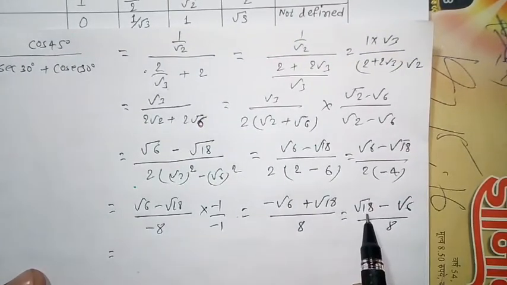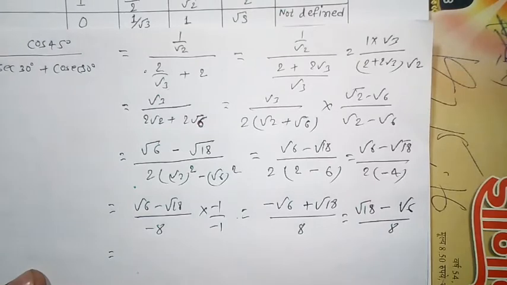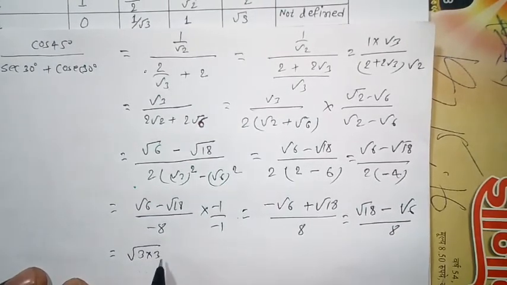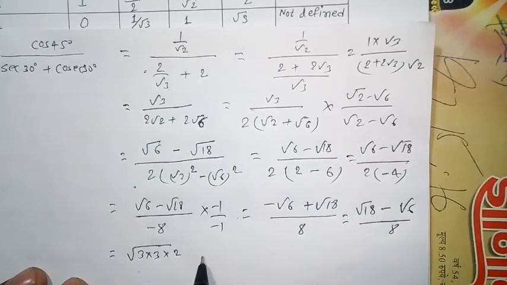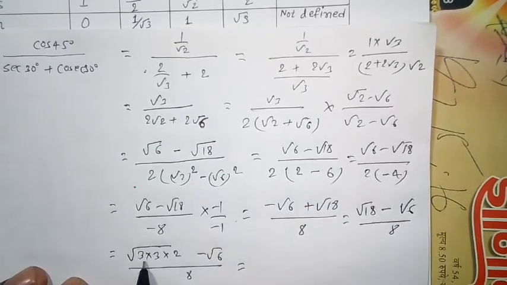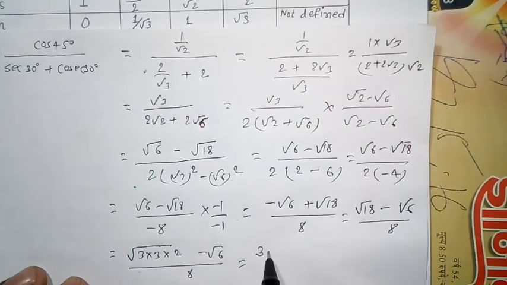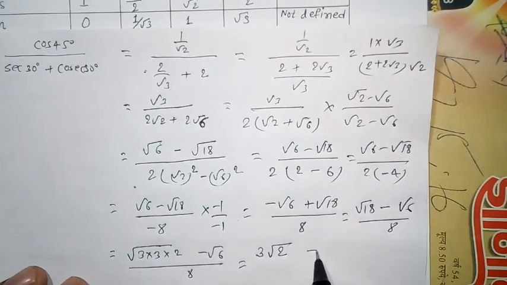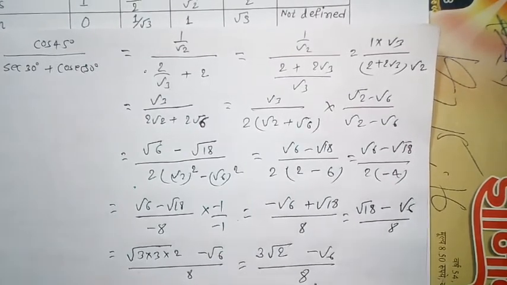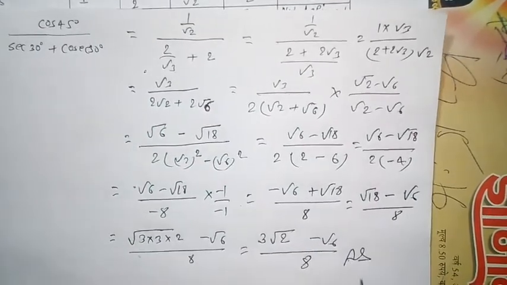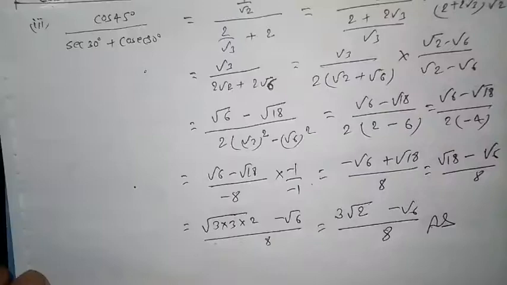Root under 18, you write 3 into 3 into 2, minus root under 6 by 8 is equal to, there are 2 times in 3, so 3 is out, then only 1 2. Root 2 minus root 6 by 8. This is your answer.